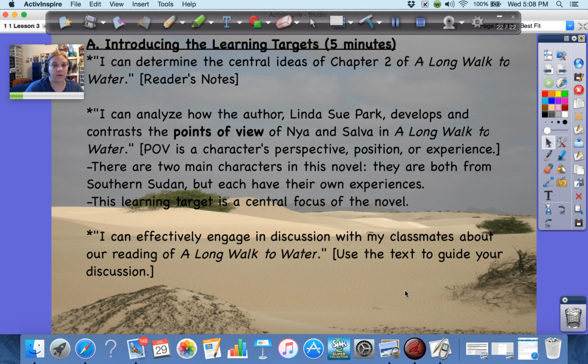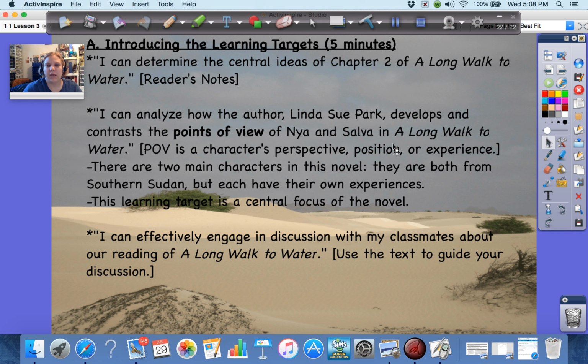In this book, there are two main characters who are both from southern Sudan, but they each have their own experiences. This learning target is a central focus of the novel. As with all novels, we usually ask, what do we think the theme is?